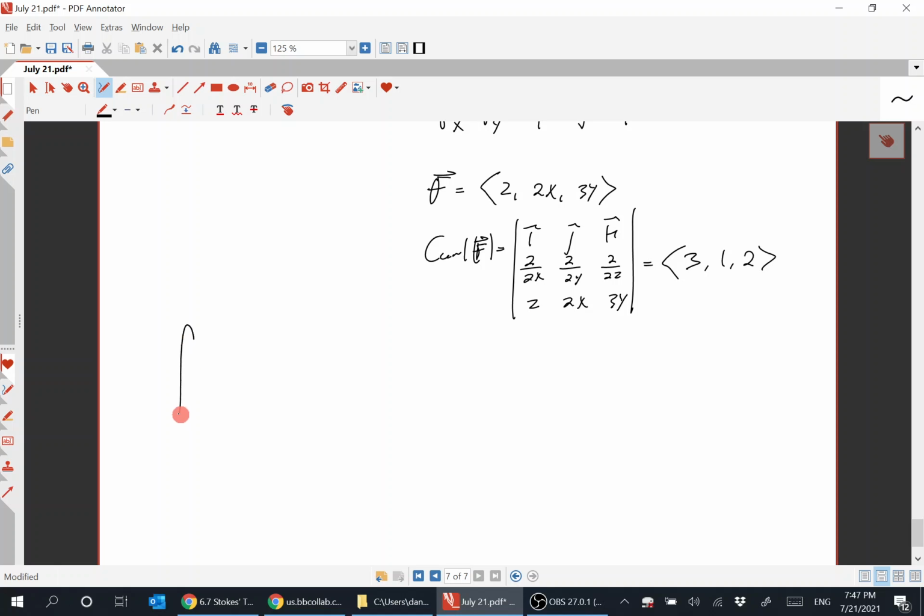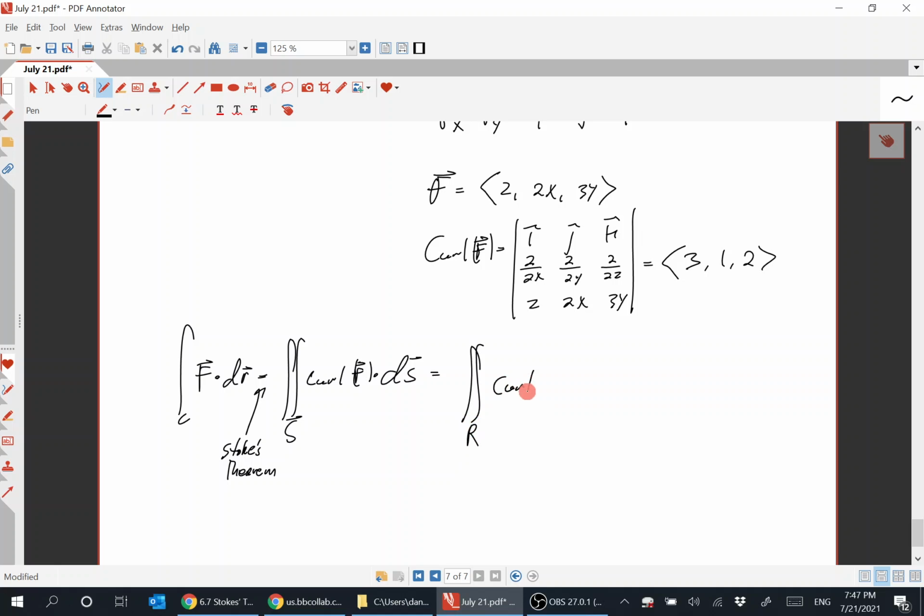So the line integral over C of F dot dr is equal to, this is Stokes' theorem, the integral of curl F dot dS, which is the double integral over R of curl F dot Rx cross Ry dA.